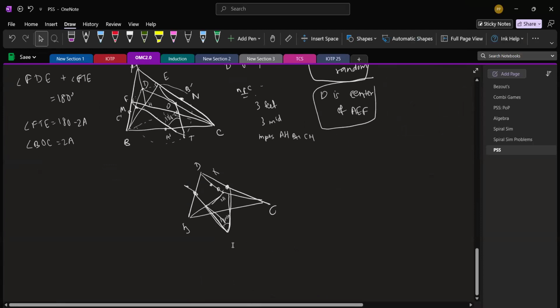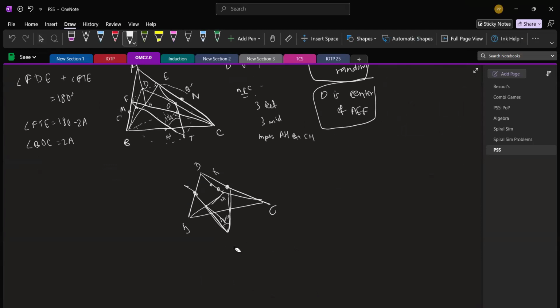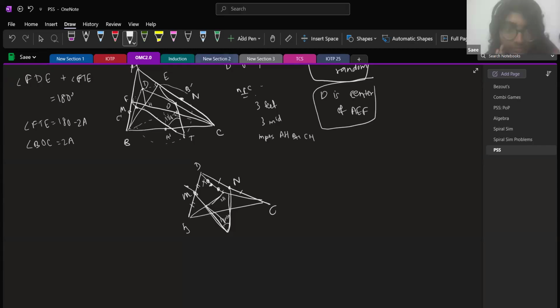I think to prove collinearity, we should use some supplementary angle stuff, showing that the angles DOE and EOT add up to 180. We could use the directed angles we know to show that it is supplementary.